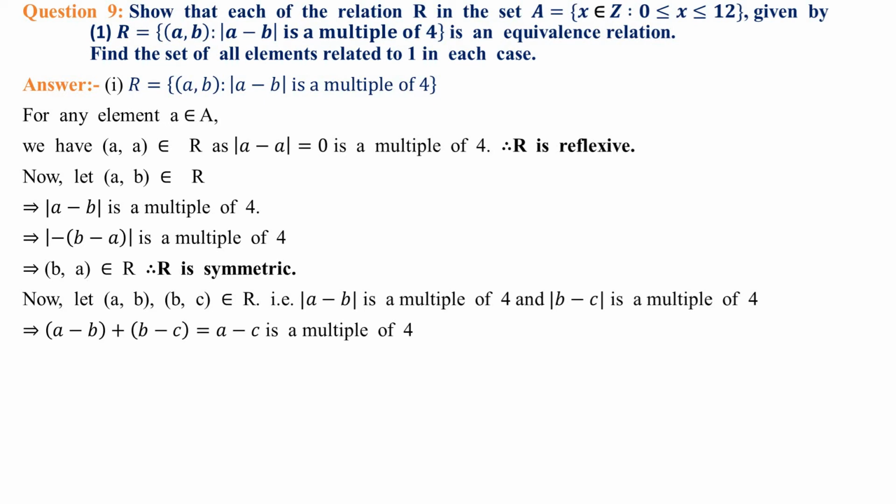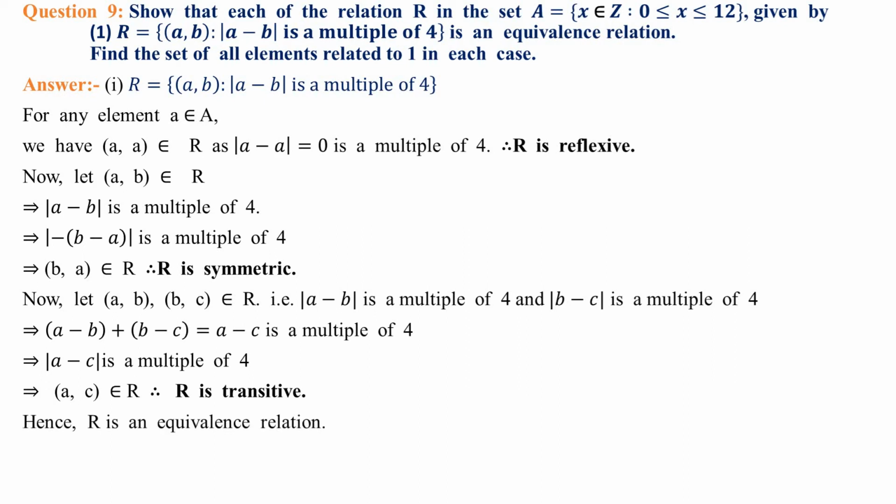So a minus b plus b minus c, where b cancels out, is a minus c, a multiple of 4. So modulus of a minus c is a multiple of 4, which implies (a, c) belongs to R. So therefore R is a transitive relation. Hence R is an equivalence relation.